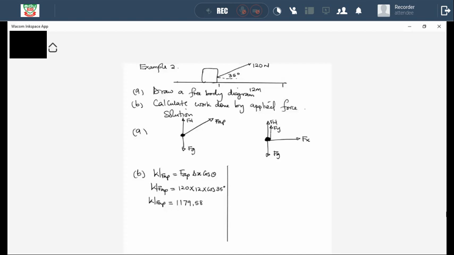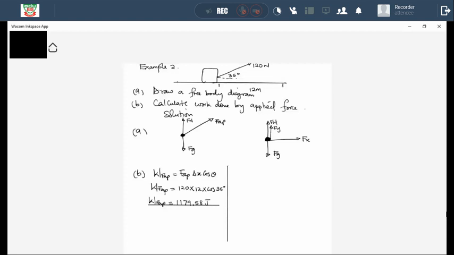Remember, we round off our answers to two decimal places, and this is in joules, and then you underline your answer. You can verify that. Maybe human error can kick in, and you realize that my calculator did not give me the correct answer. But just punch cos 35 times 12 times 120. You must be getting your work done there.